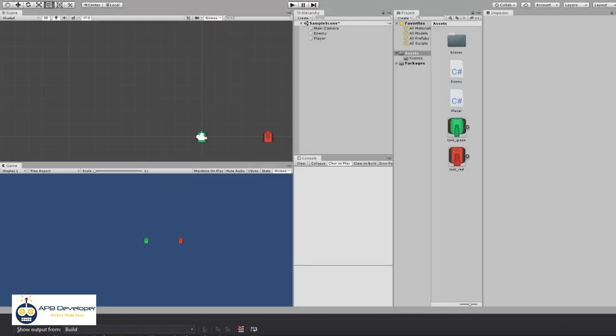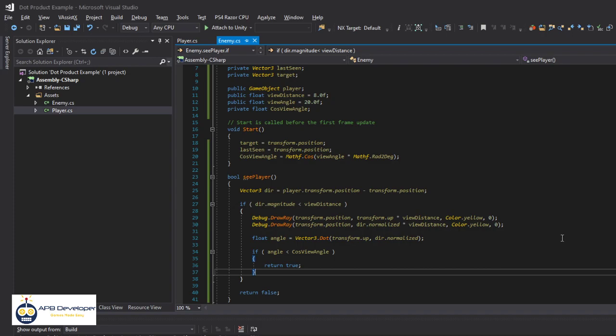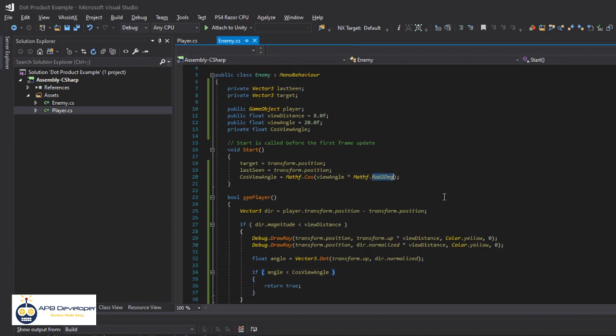He's not seeing us. I imagine what I've done is just a very simple error somewhere. Oh yeah. Obviously we're specifying the value in degrees, whereas cosine wants the value in radians. So actually I need degrees to radians in that, not radians to degrees. So there. Simple fix.